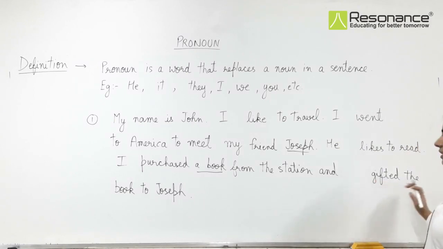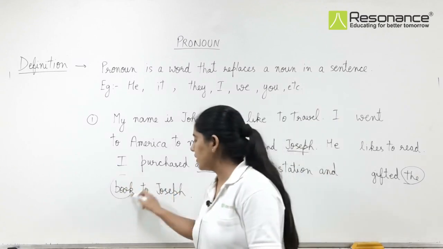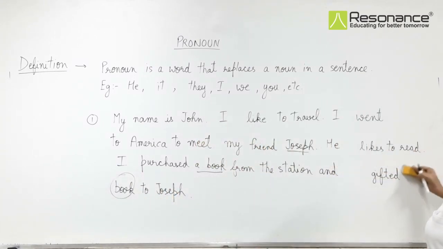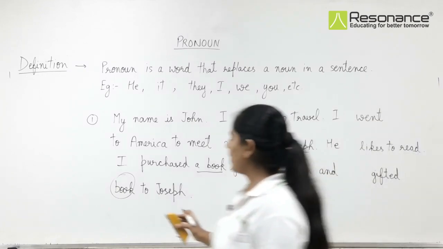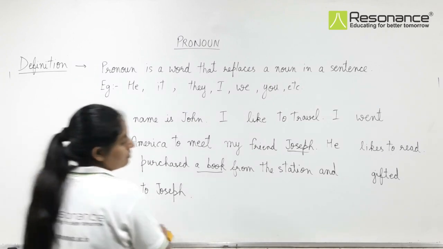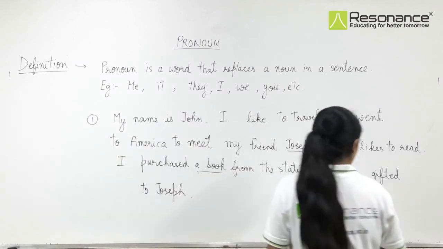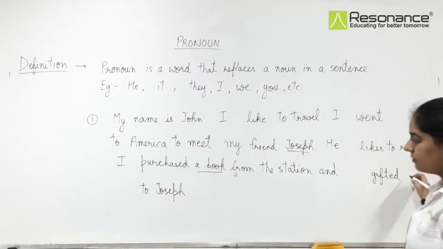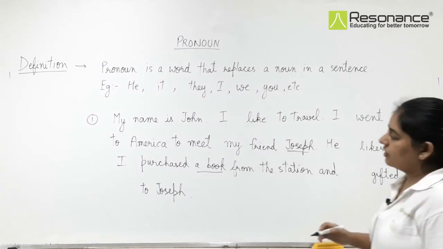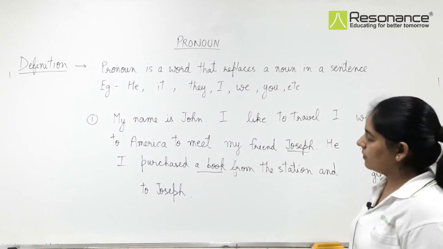And gifted the book, again the repetition is there, you can see the book is repeating over here. So what am I going to do? I will change this into pronoun. Instead of writing the noun again and again, the book, what is the pronoun used for? Things, we use it. So I will write it over here. So my sentence is complete now.